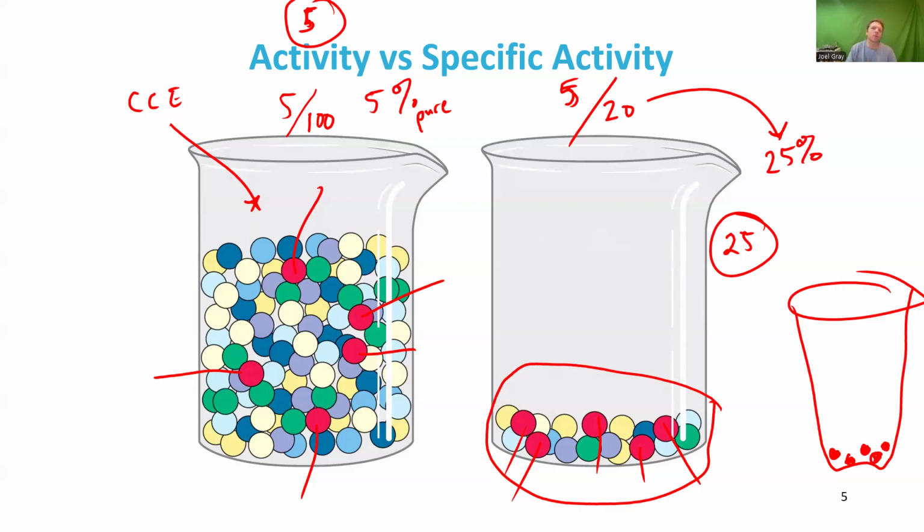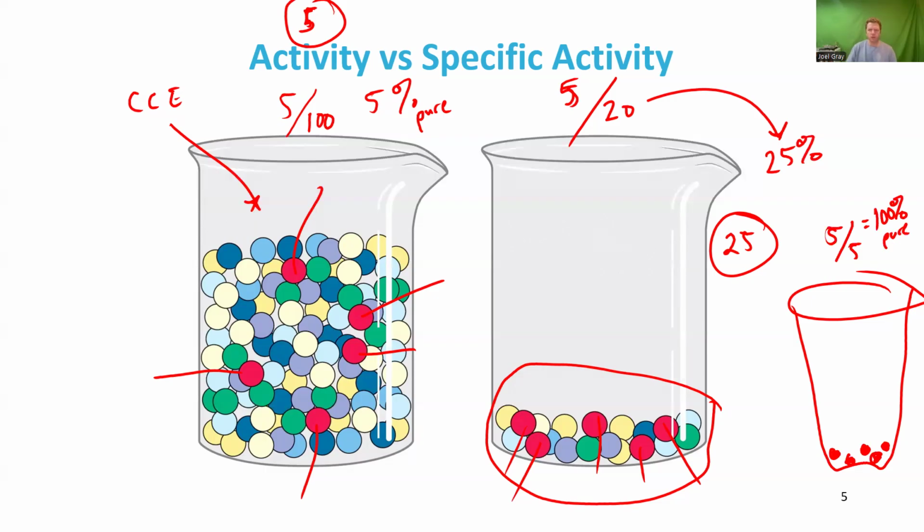You'd have a total of 5 proteins, and all of them would be your 5 red marbles. In which case, 5 divided by 5 is 1, times 100. We're looking at 100% pure.